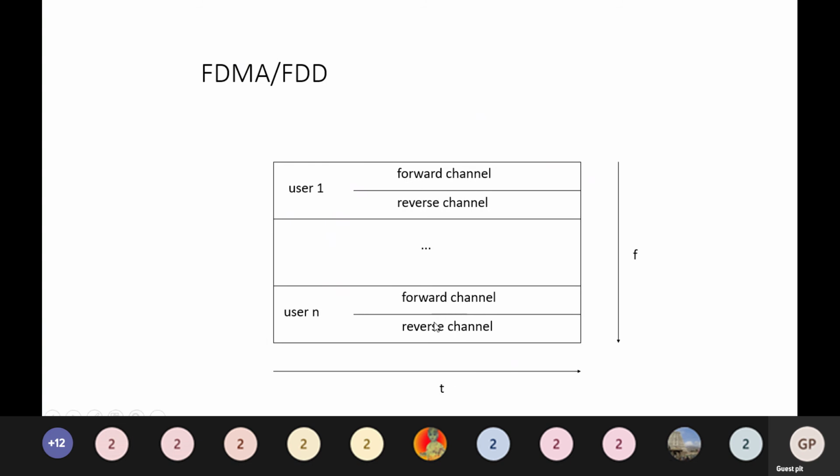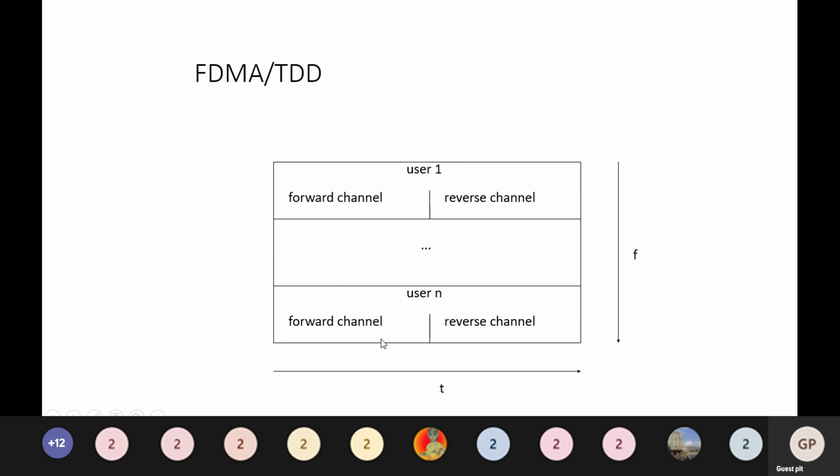If you take a cellular mobile communication system, the forward channel refers to the channel from the base station to the mobile station, and the reverse channel refers to the channel from the mobile station to the base station. For each and every user up to user n, you have a forward channel and a reverse channel.